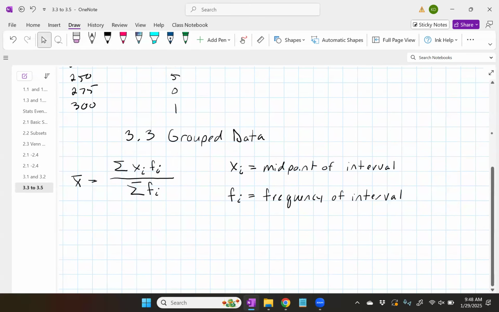So I'll give everybody a sec. Should say the ith interval.